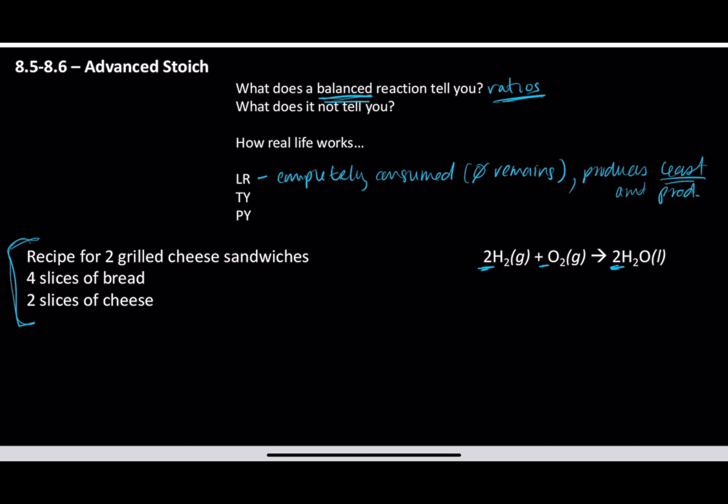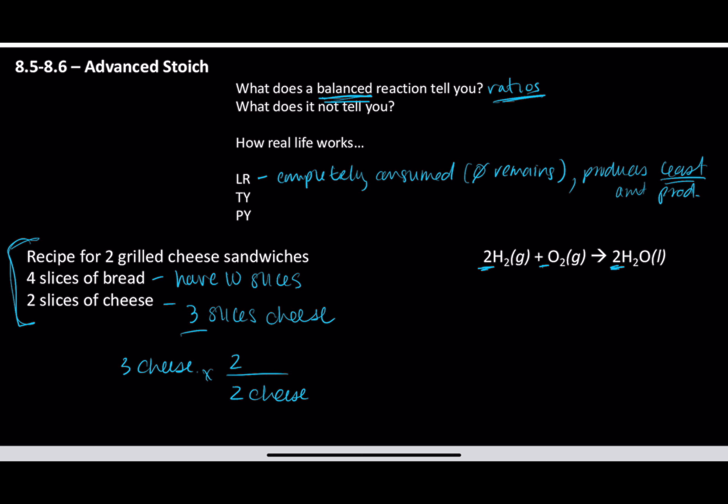So for example, if I have 10 slices of bread at my house, but I only have 3 slices of cheese, what does that mean? That means I am limited by my slices of cheese. For every 2 cheese, I could make 2 sandwiches, which means that I could have a total of 3 sandwiches, and I would have 0 cheese remaining.